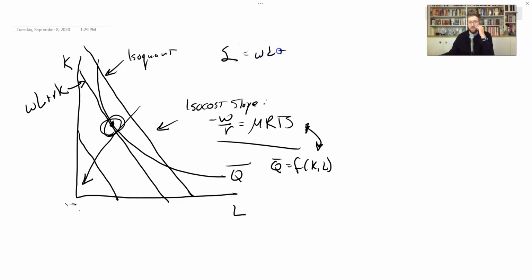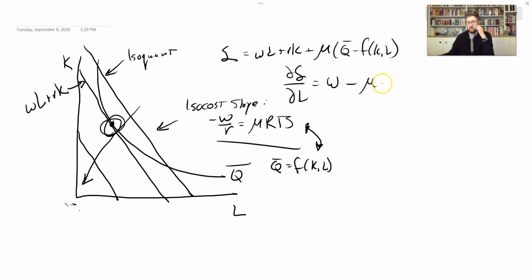It's generating all this stuff, but without the graphical intermediate step. So if we write out a Lagrangian here, like so, and take all of our first order conditions, we end up with W minus mu times the derivative of the production function with respect to L, which is the marginal product of labor, equal to 0.